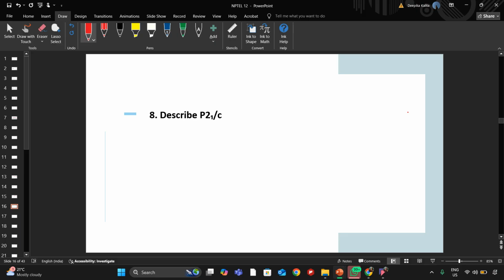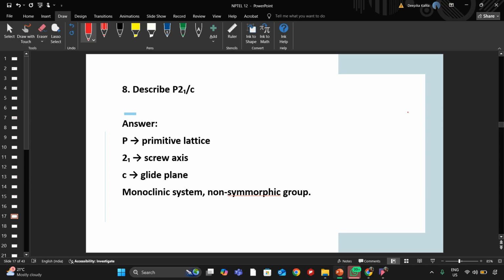So the next question says describe P21/c point group. Okay, so P21/c is a space group which is common to monoclinic space groups. And if we try to understand the notations, P is going to stand for a primitive lattice, which is monoclinic here.